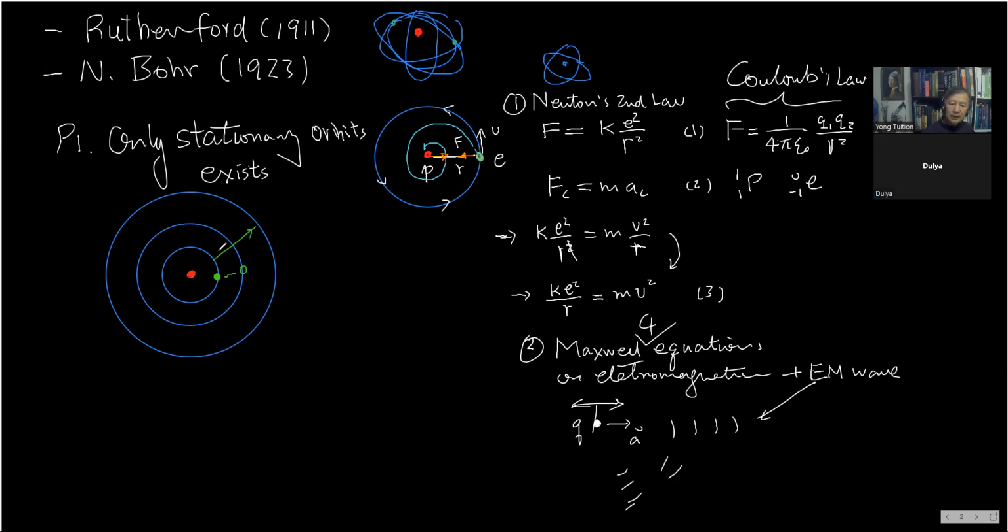If it jumps from the inner orbit to the outer orbit, it absorbs energy provided by an external source, a photon.